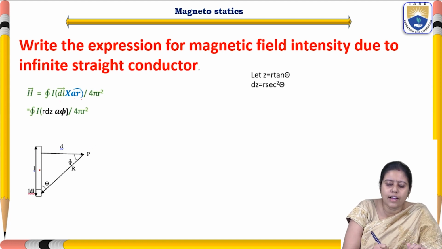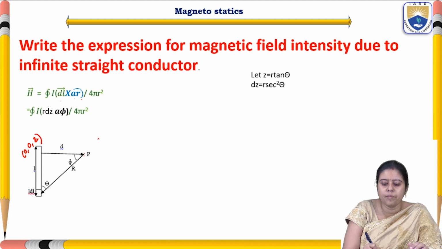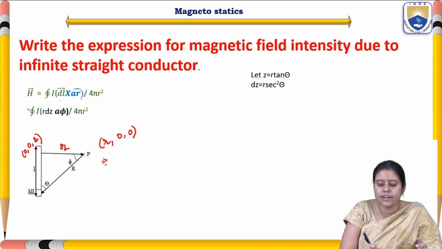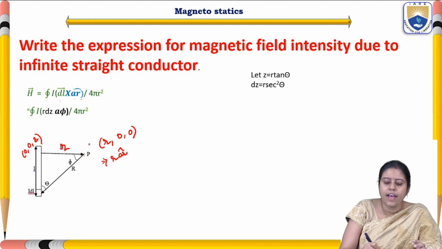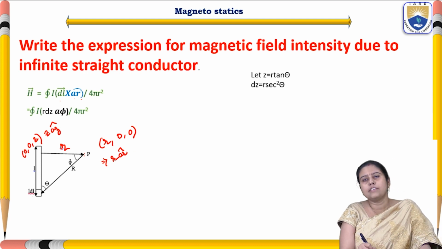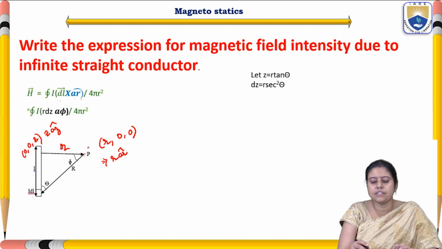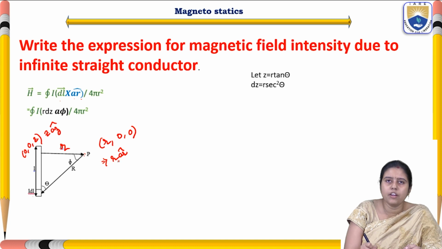The height is (0, 0, z), and the distance is small r, with the point at (r, 0, 0), so the position vector of this point is r aR and the position vector of this is z aZ. So what is the distance R? What is the meaning of the distance? End point minus starting point.